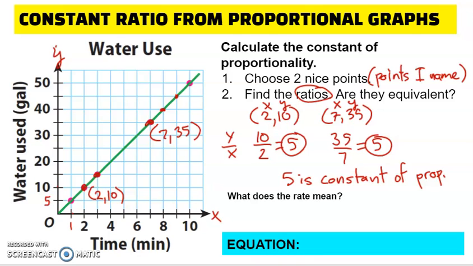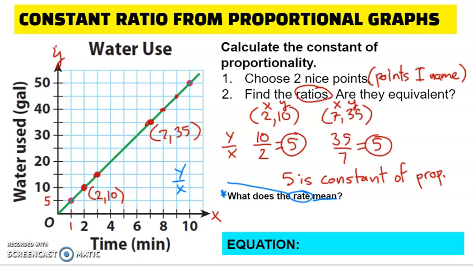But then the big part here is, do I know what it means? That's what this question is asking. What does the rate mean in the context of this story? Not just random, but in this story, what's it telling me? A big clue for rate is that y to x.